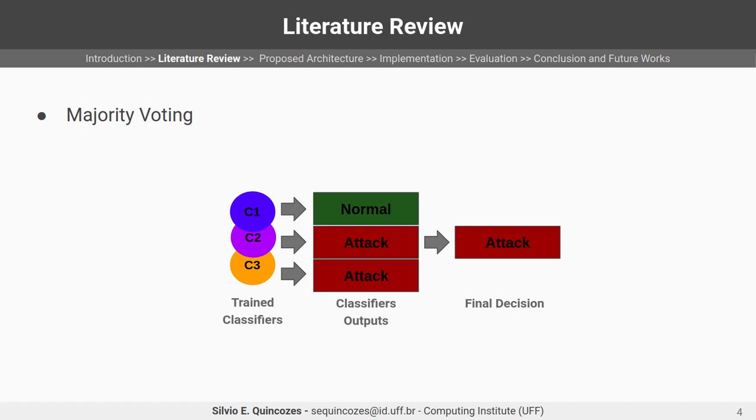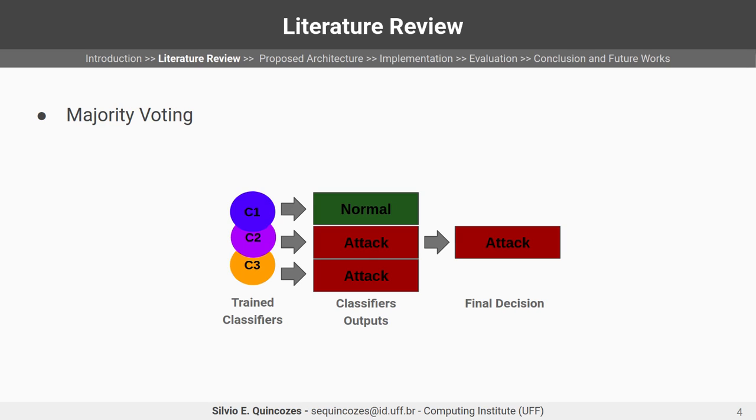The first method that I will present is majority voting. For example, consider that we have three classifier algorithms, C1, C2, and C3. Suppose that C2 and C3 classified an unknown sample as attack, and classifier 1 classified it as normal.